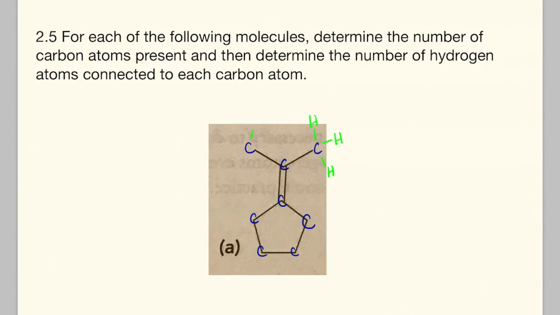This carbon here needs 3 hydrogens as well. Okay. And this carbon here is done. That one's done. So this one needs 2. This one needs 2. This one needs 2. This one needs 2.